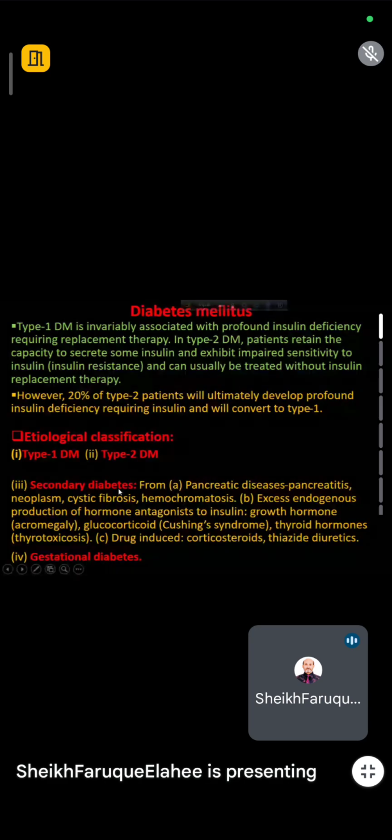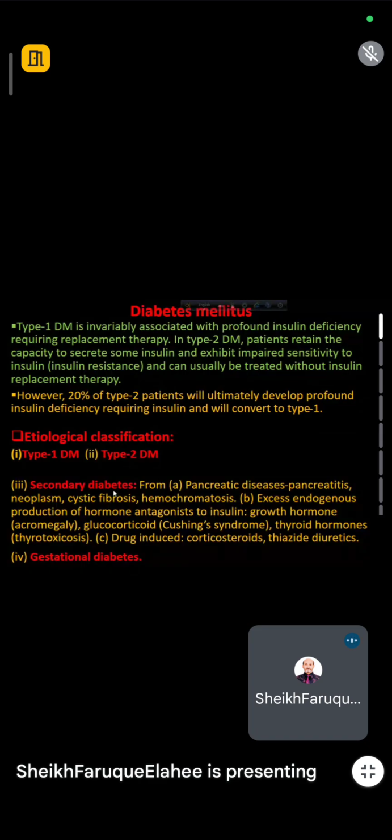And there is secondary diabetes due to pancreatic damage by some diseases, or production of other hormones in some other organs which are antagonistic to the action of insulin, or taking of steroid drugs given by other doctors, maybe allopathic, Ayurveda, or Unani doctors.